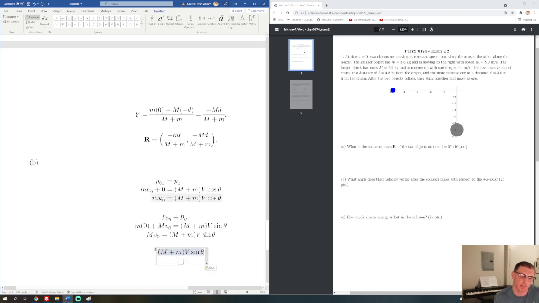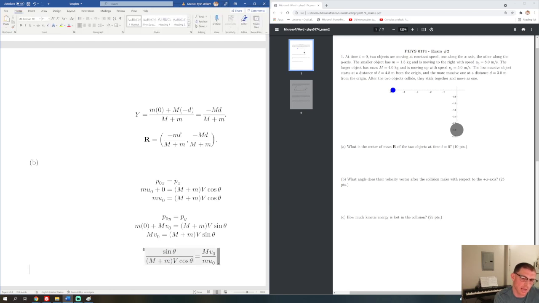So we get this divided by this, and then this is going to equal big M v naught divided by little m v naught, right? And the nice thing that happens here is we get rid of this big V that we don't really care about. We will need it, I guess, for the next part, but for the time being we don't need it. And then we get rid of the mass term too on the left-hand side.